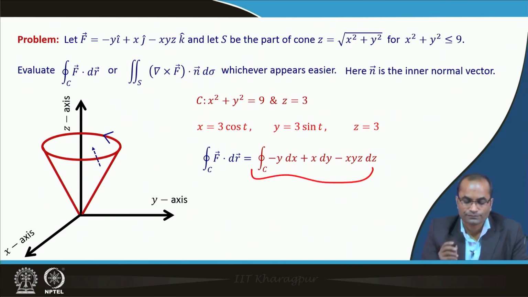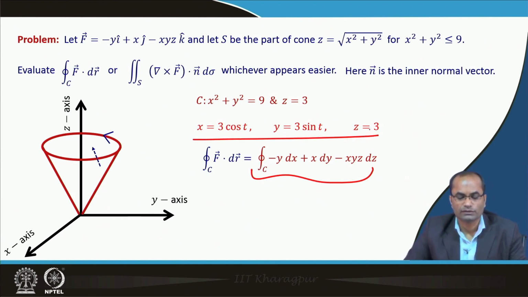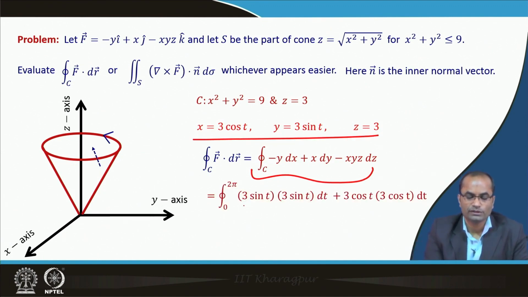We have this integral and the parametric equations are already given. So, we can substitute y is 3 sin t, and then dx is minus 3 sin t dt.